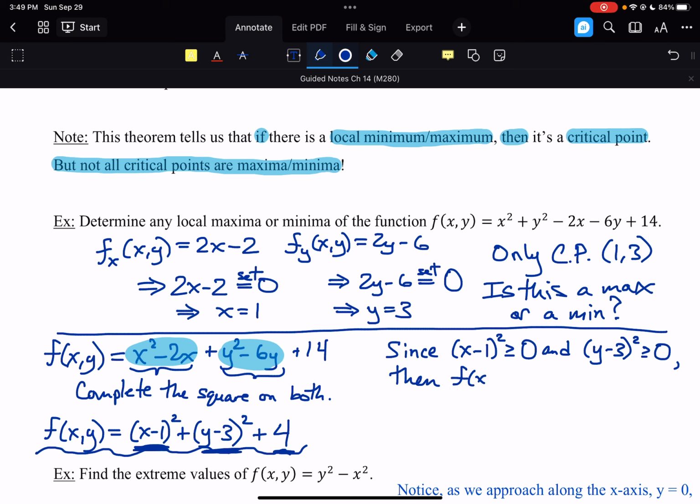then the function, if this one is always positive, this one is always positive, then if they were 0, right, the smallest they could be is 0 for both, and the value of the function would be 4. Or it could get higher as these values start climbing up, but the function will be greater than or equal to 4.